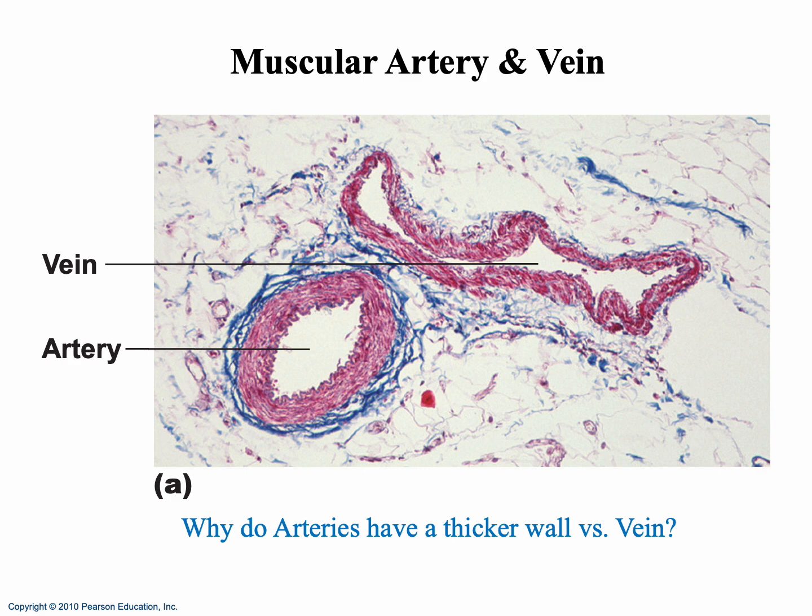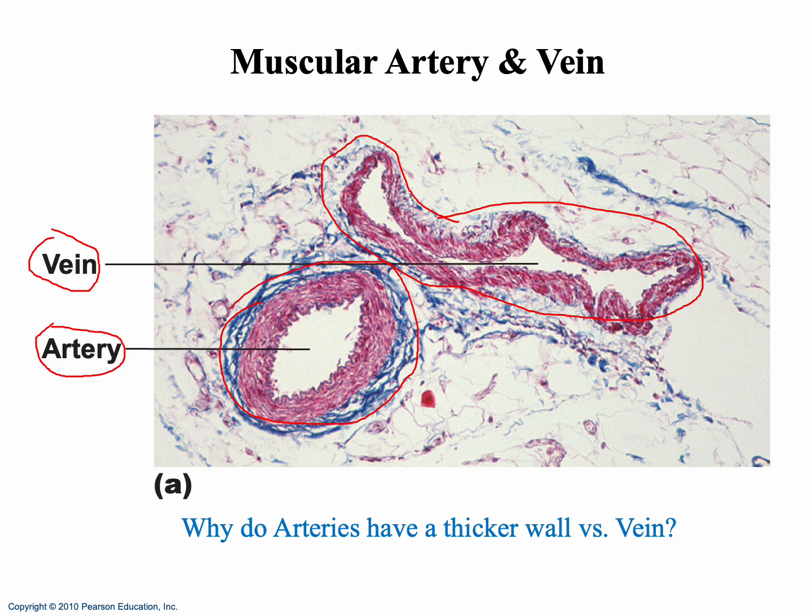Moving on, we're looking at some histology. Here we have the vein, a picture of the cross-section of a vein. And here we look at the artery. When we're looking at that vein versus that artery, we ask ourselves, why do arteries have a thicker wall than the vein?